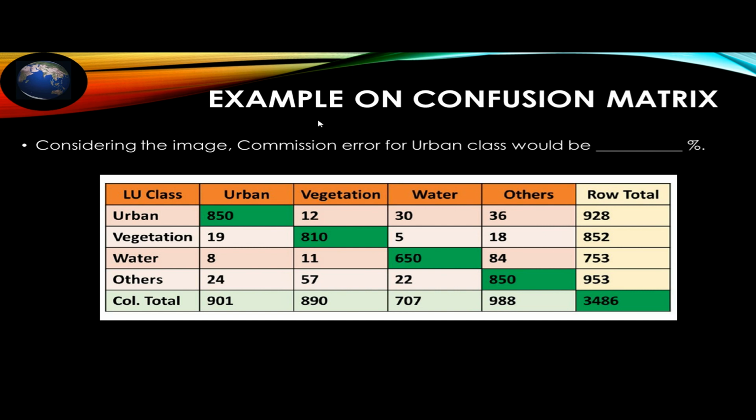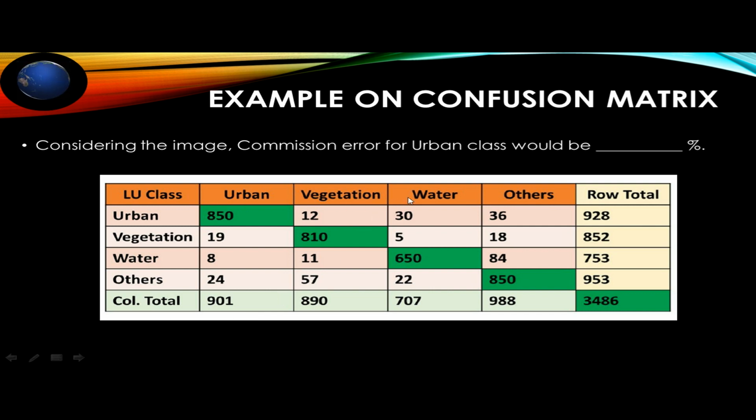Considering the commission error for the urban class, let us see the example over the confusion matrix, and how the commission error is caused for the urban class. We have land use classes of urban, vegetation, water, and others, with the totals of the columns.